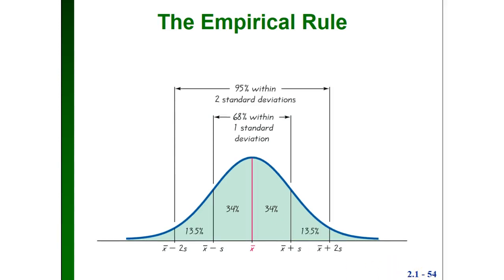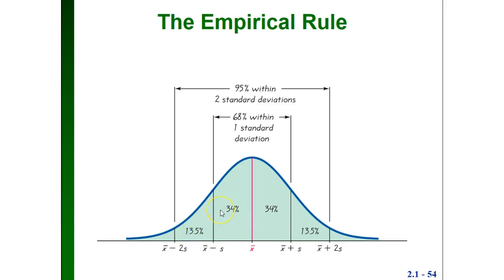If we go out two standard deviations onto each side, then we get a total of 95% within this range, from two standard deviations below the mean to two standard deviations above the mean. And we can again separate this into little regions with their own percentages.